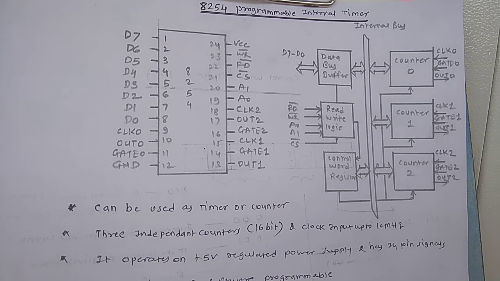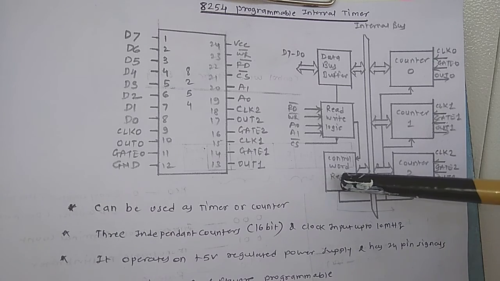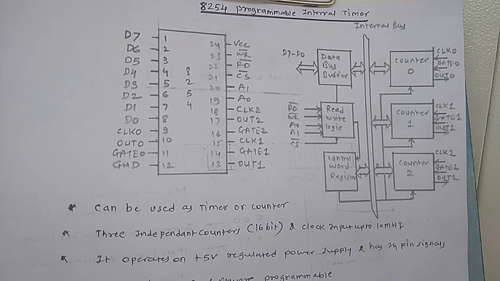So this control word register is basically a special function register which controls the function of this IC 8254 or 8253. It can be programmed in different modes. It can be used as a timer or counter. It can be used as different types of counters, and all these things will be controlled by this control word register, an 8-bit register which controls the function of this 8254.